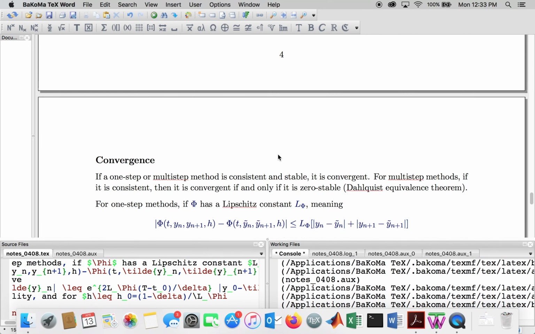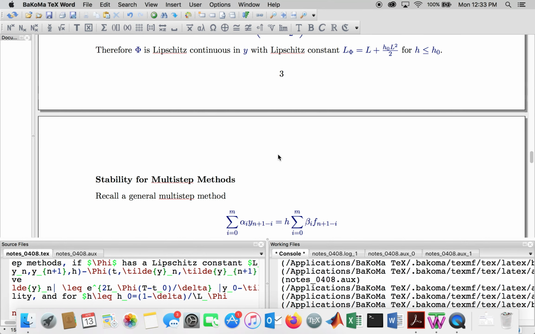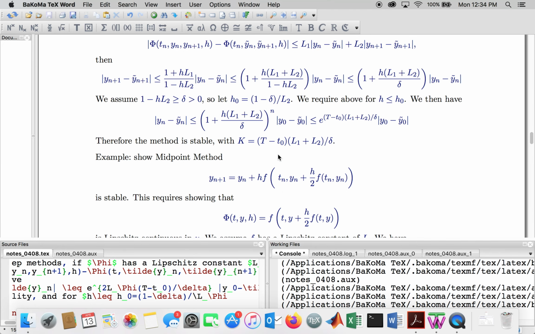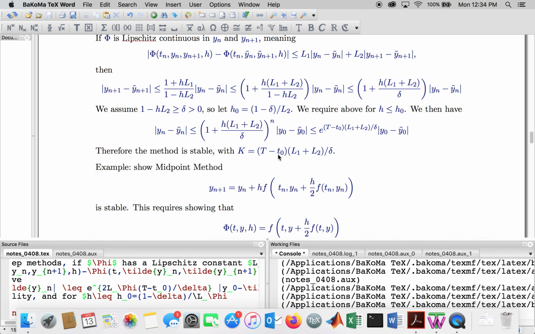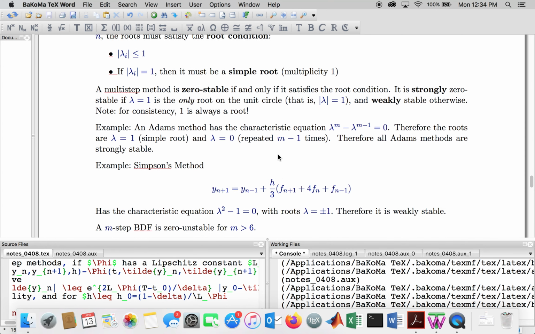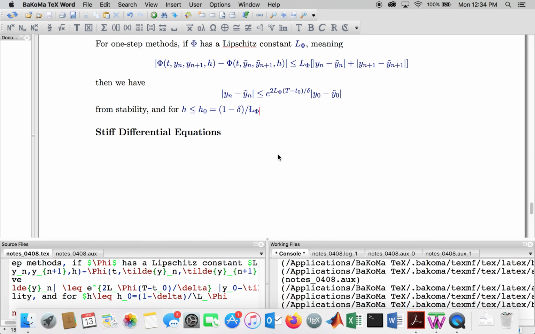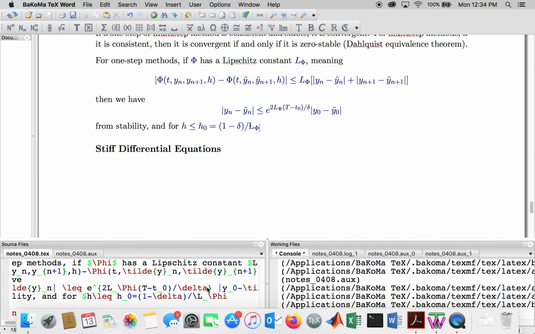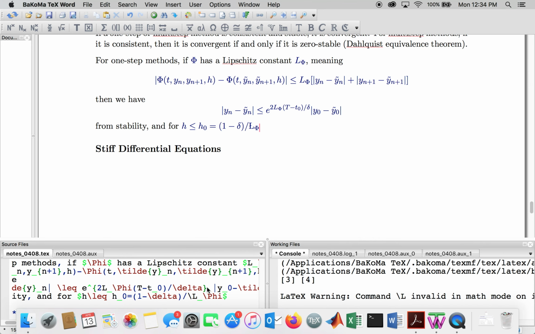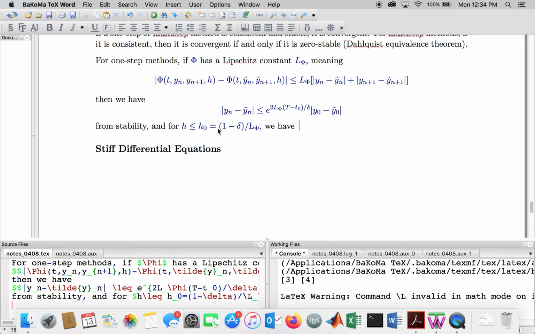I want to make sure that I have this correct in my notes from earlier about the definition of H naught, and how the error behaves.